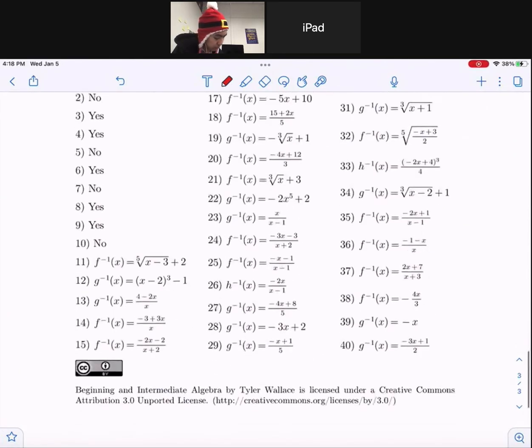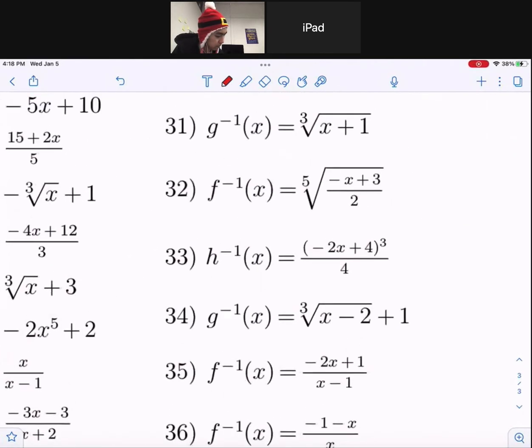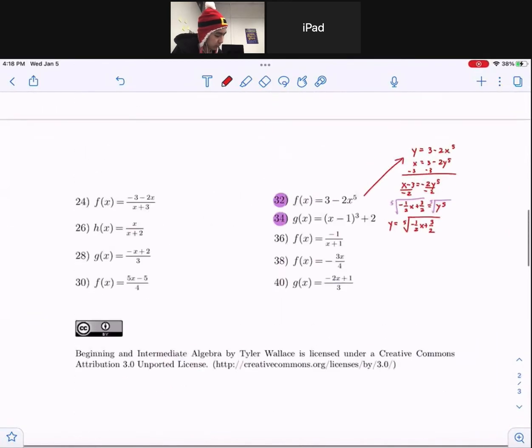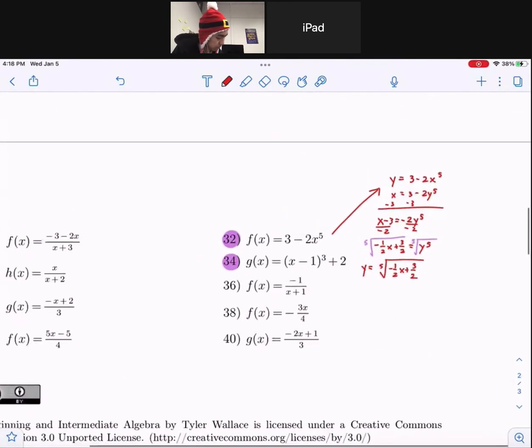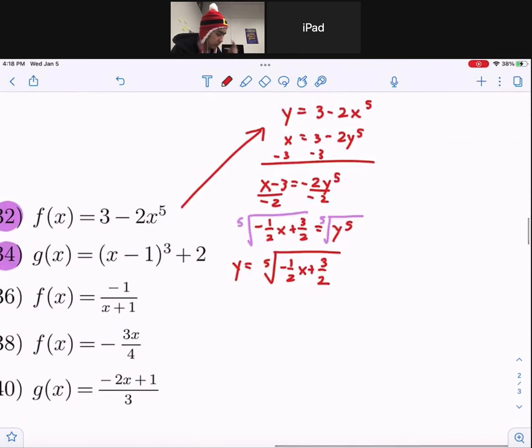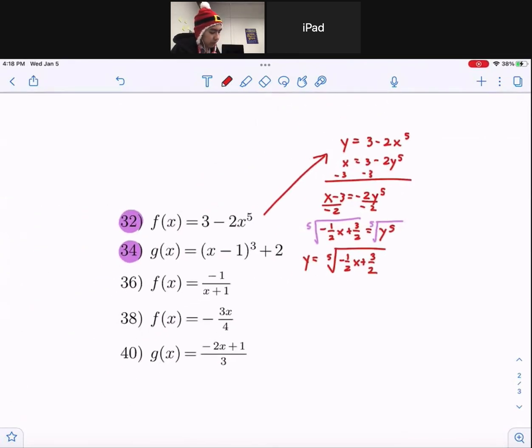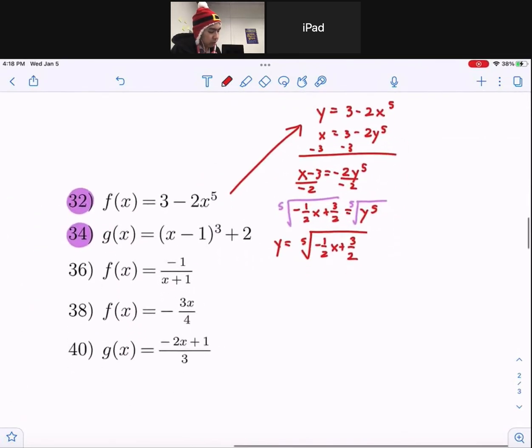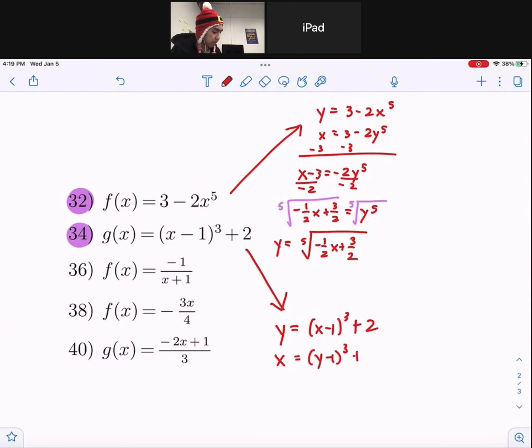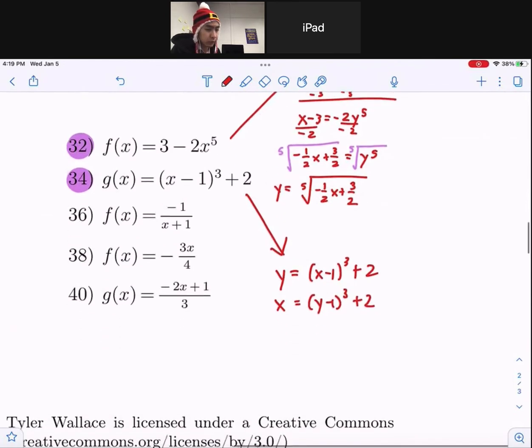Answers are on the bottom for you guys to check your work. That's basically the same thing. All right, 34. Set this equal to y. Switch the variables, and then solve for your new y.